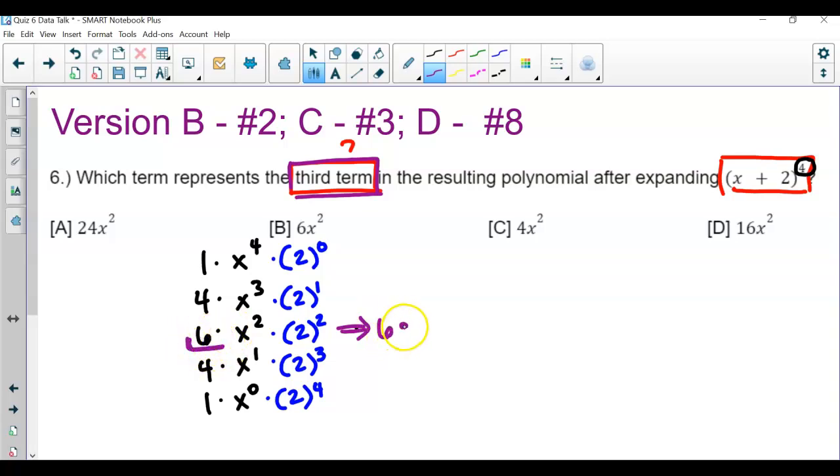So 6 times, well, that's just x squared, but I have 2 to the second power. What's 2 to the second power? 4. But what do I need to do with that 4? Multiply it by 6. 6 times 4 is 24x squared. That's why the answer was A.